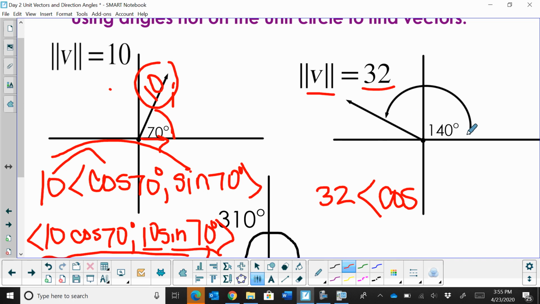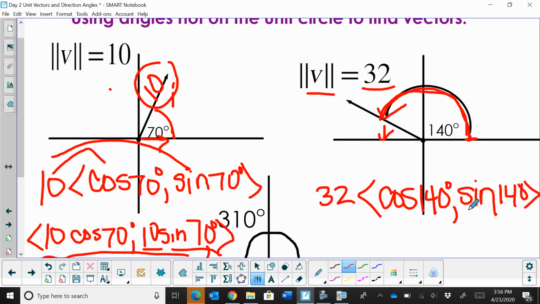Well, the angle we have to use is the angle from this x-axis. We need to use this 140, not the reference angle of 40, but the actual direction of the vector. And that's why direction is so important, because once we find that direction, you can then find the length of the vectors. Then we're going to take the sine of 140 for the vertical.